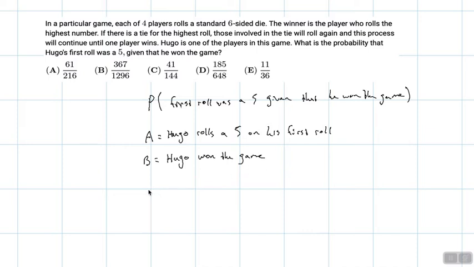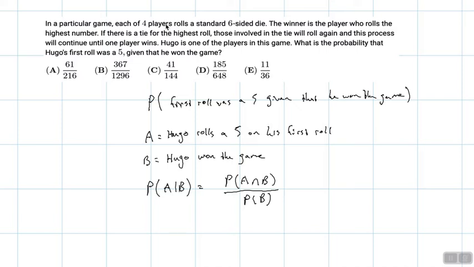So the conditional probability we're trying to find is the probability of A given B, which is equal to the probability of A intersect B over the probability of B. And so the probability of B, Hugo won the game.